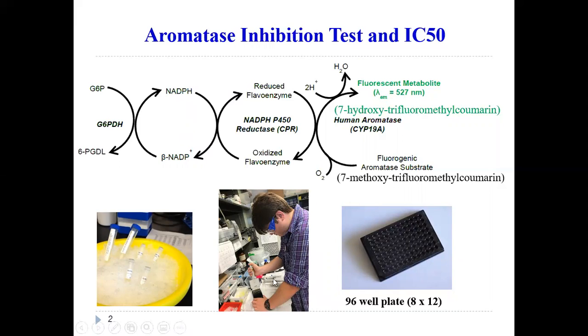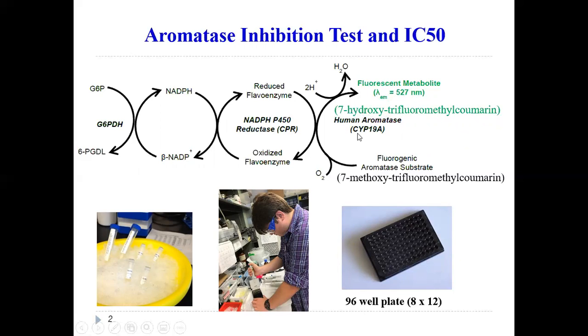But effectively, we put a fluorogenic substrate into our test kit, along with our inhibitor in concentrations that increase along the plate horizontally. As this goes through the process, it creates this fluorescent product, 7-hydroxy trifluoromethylcoumarin. It goes from 7-methoxy trifluoromethylcoumarin to 7-hydroxy.